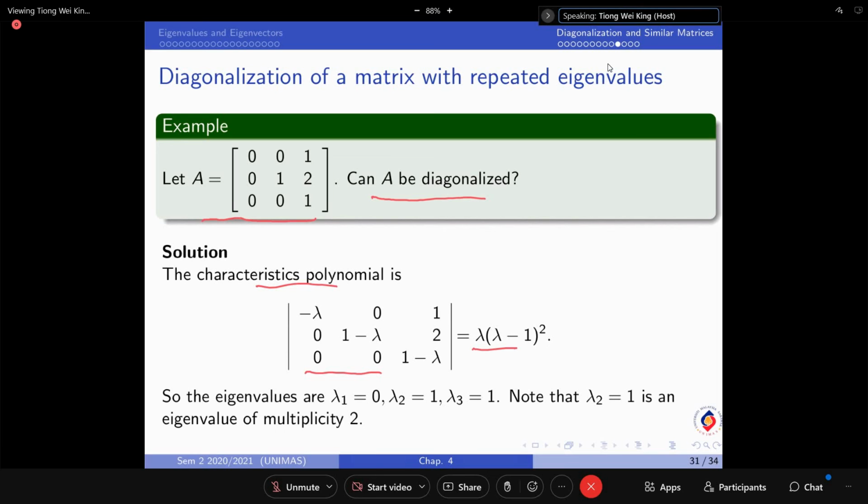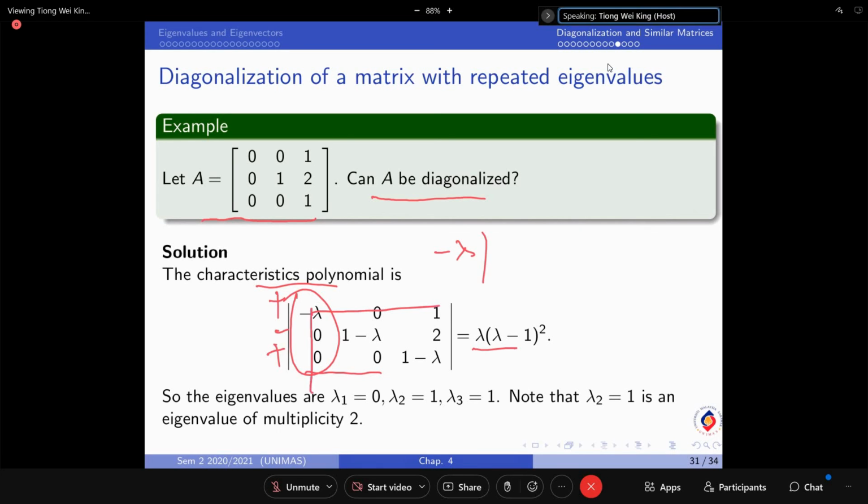From here we choose column 1 for the cofactor expansion. This is a plus, minus, plus, so you get negative lambda.